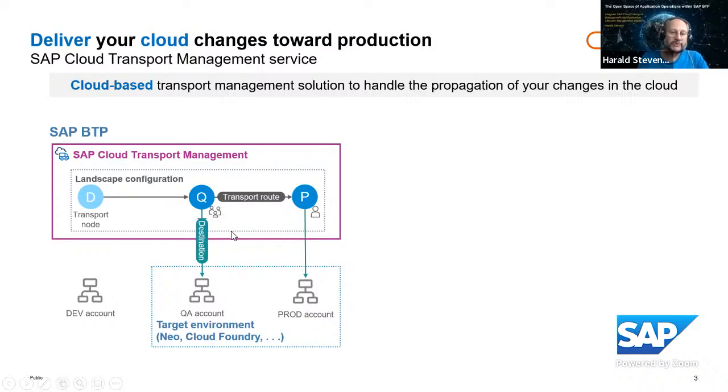And if we now talk about security, we have a very detailed role concept inside transport management, and it's possible to create roles based on our templates, which are node specific, which means you could, for example, give access to the QA node to a bigger group of people, the testers, for example, or people working in the QA realm, and you could restrict the access to the production node to very few people who are allowed to initiate transports into the production environment.